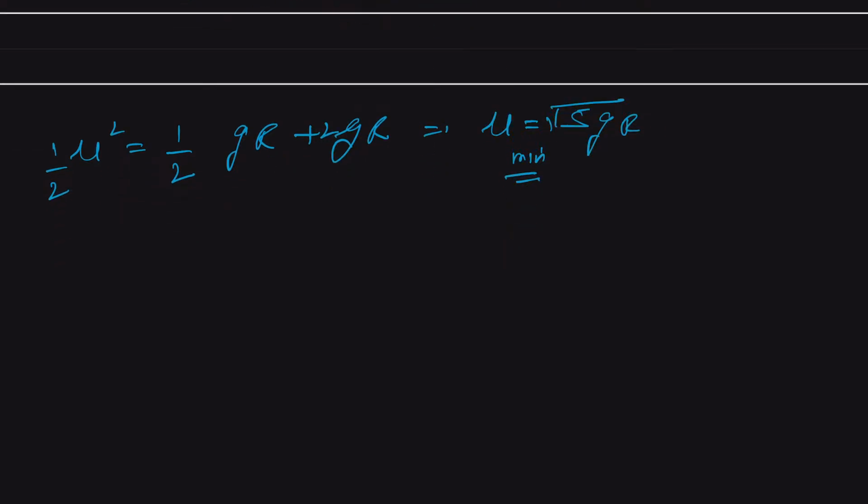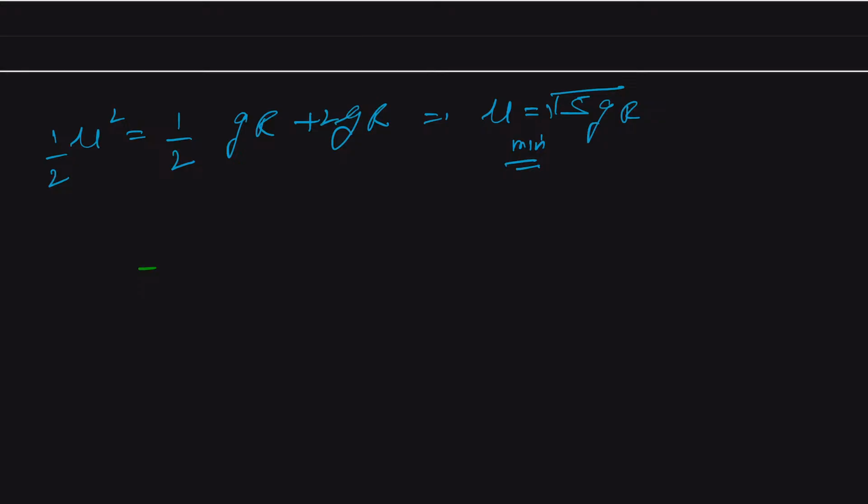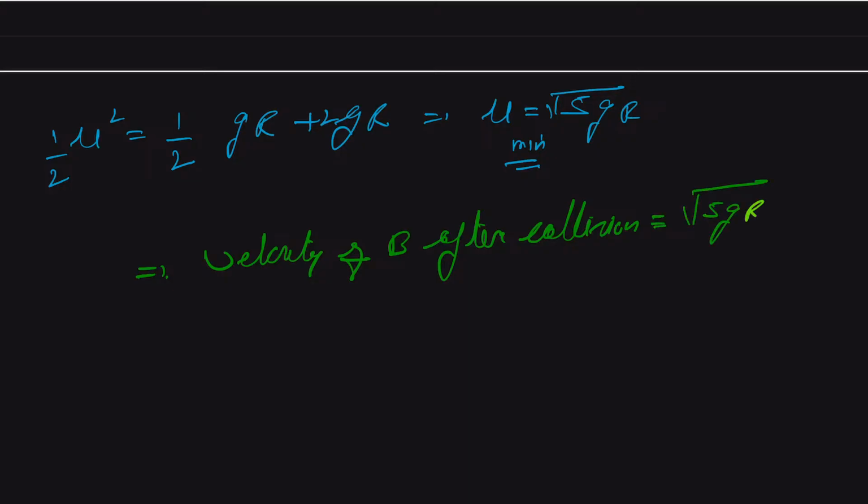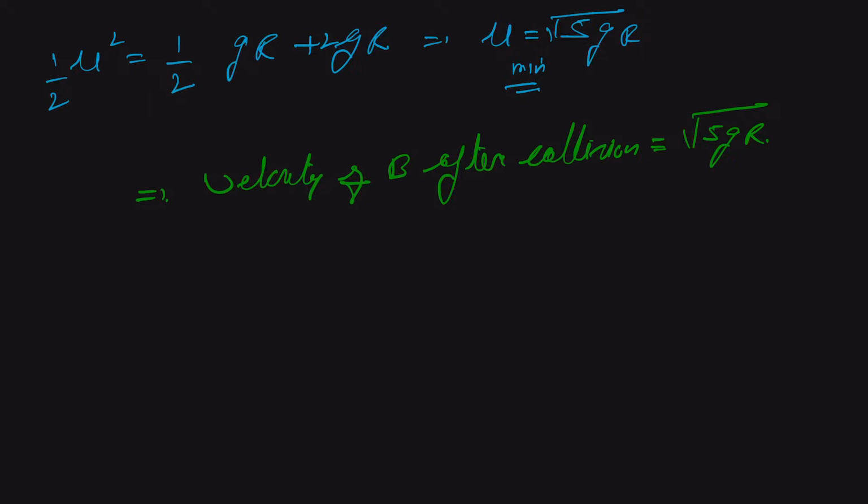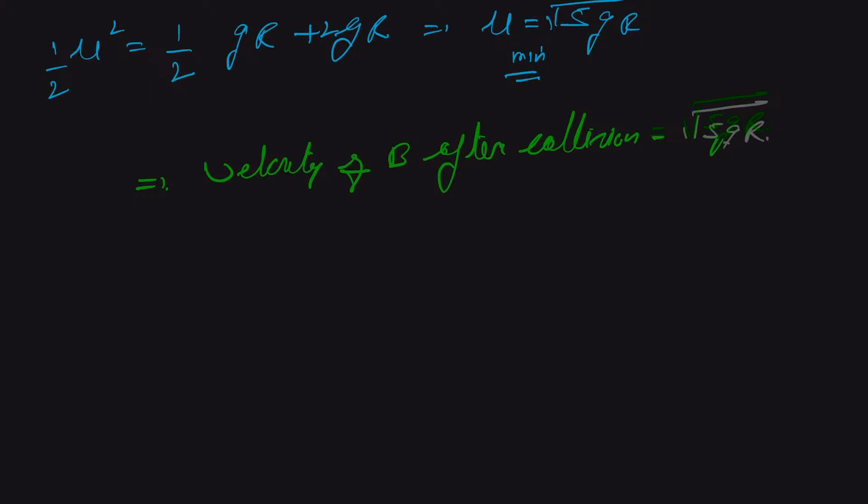And from here we can also write that the velocity of B after collision should be at least equal to square root of 5gr. Okay, this is the velocity B should have after the collision.